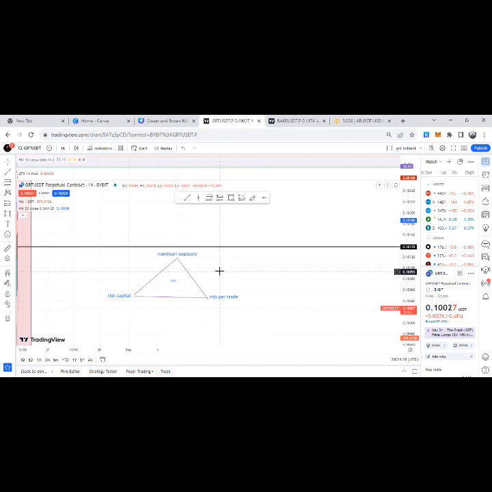Okay, now to make it easier for you, I want to start with risk capital. I think it will be easier for you to understand that way. Your risk capital is, let's say you have $20,000 that you saved.